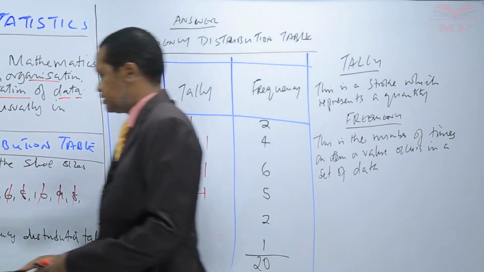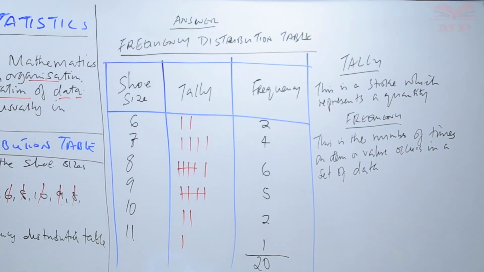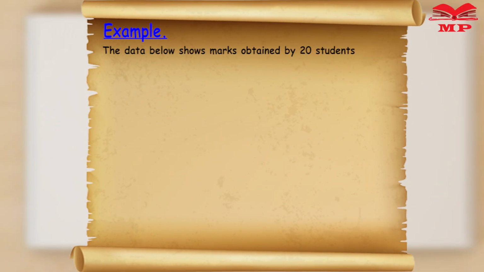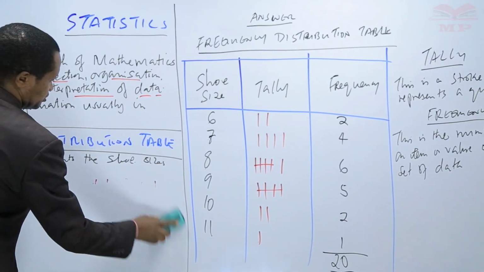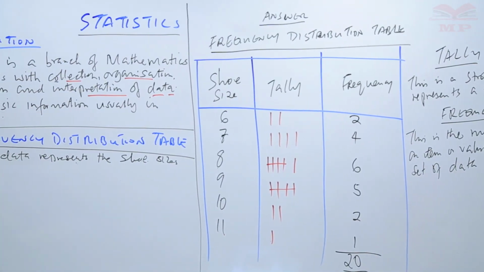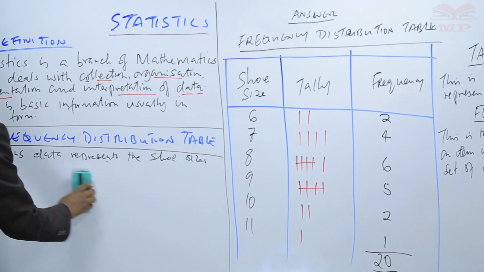So then, learners, let's do another example. The data below shows marks obtained by 20 students.